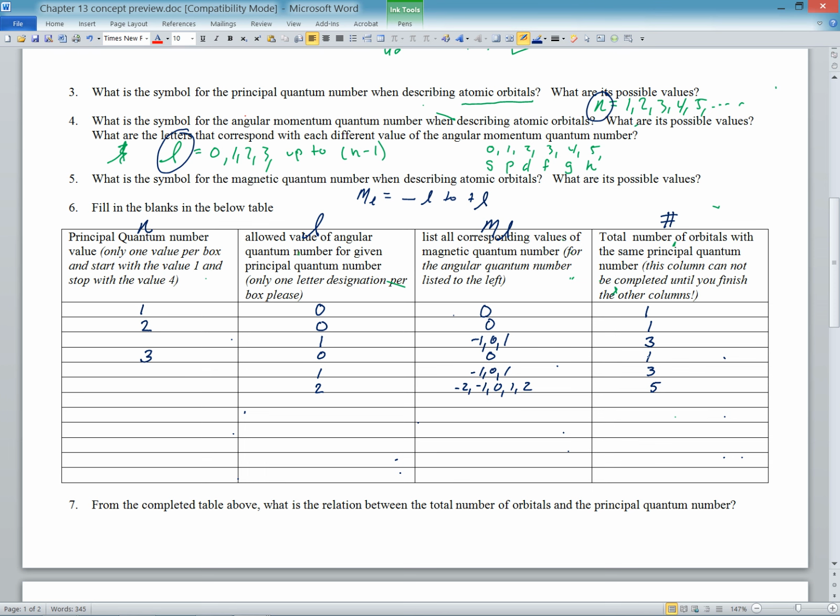Okay. So before, you can do the number 4 at home. That can be a you do.